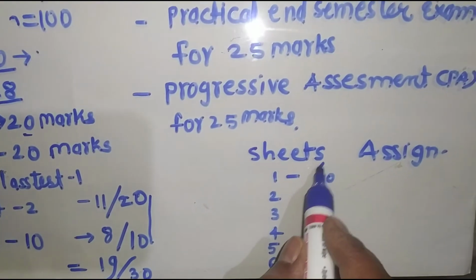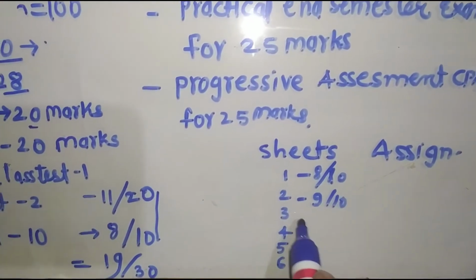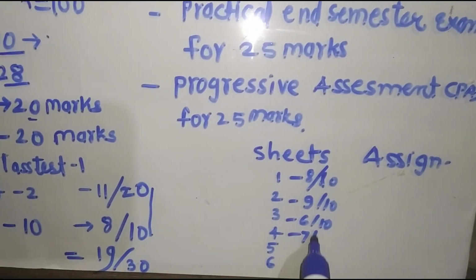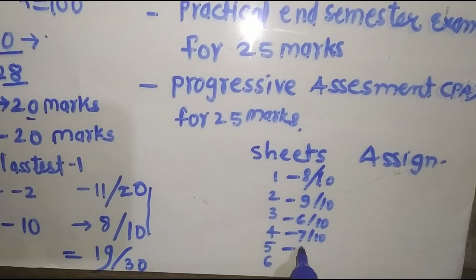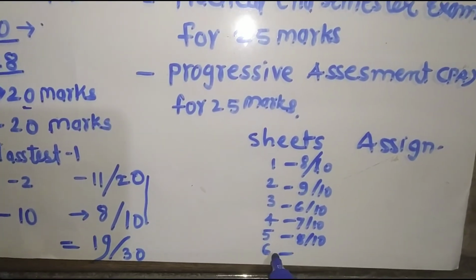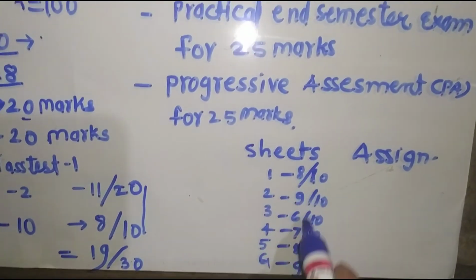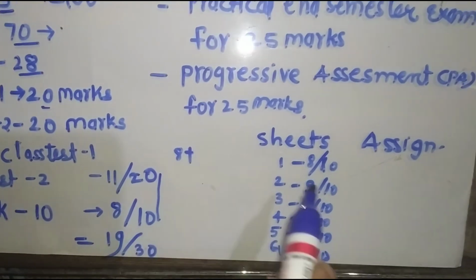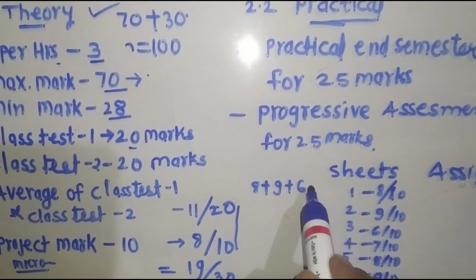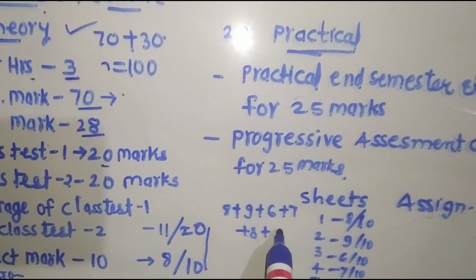If you score 8 marks, 9 marks out of 10, 6 marks out of 10, 7 marks out of 10, 8 marks out of 10, and 9 marks out of 10, I will add this: 8 plus 9 plus 6 plus 7 plus 8 plus 9.